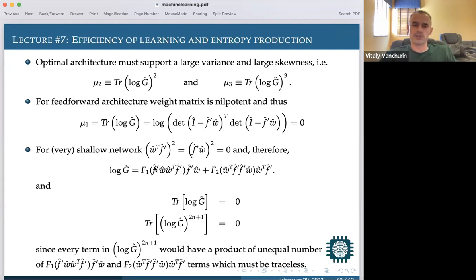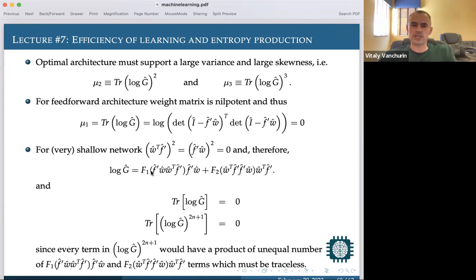Starting with this F prime W matrix, you multiply by a W transpose F prime matrix. You can have an arbitrary number of products of those two matrices, but they have to alternate one after another. And at the end, you must have this matrix, which is F prime W.